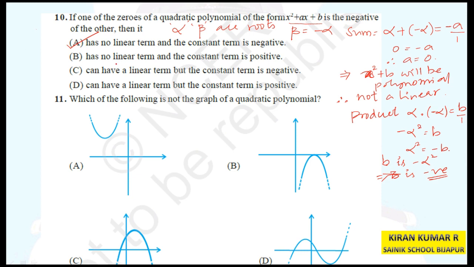Option A is suitable. Therefore, the right answer is option A. In none of the other options do we have no linear term and a negative constant term. It is there only in option A. Therefore, option A is the right answer for the 10th question.